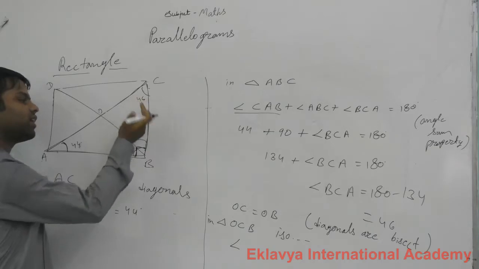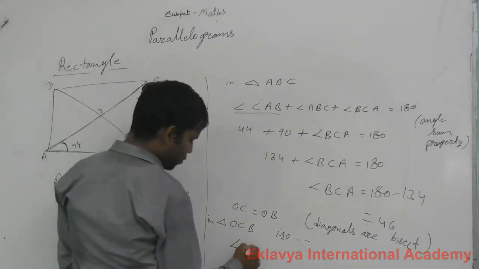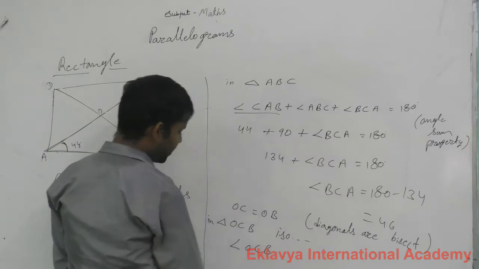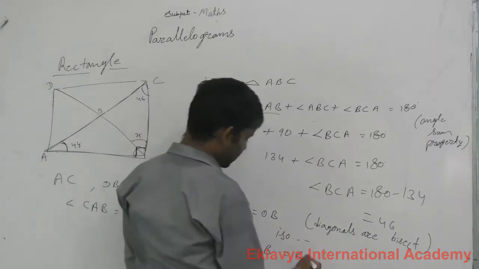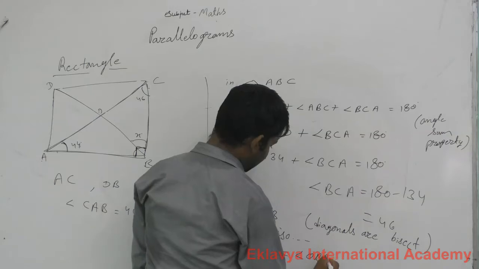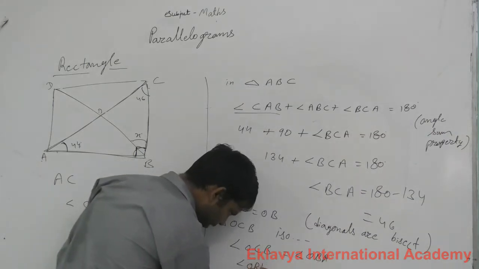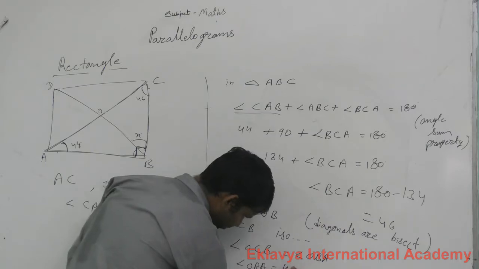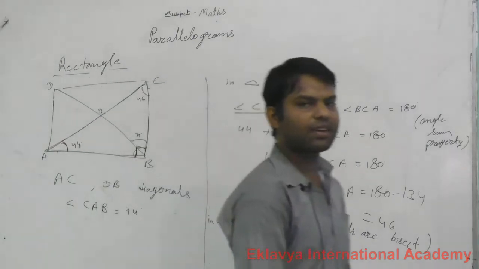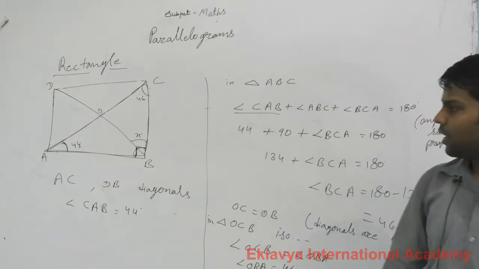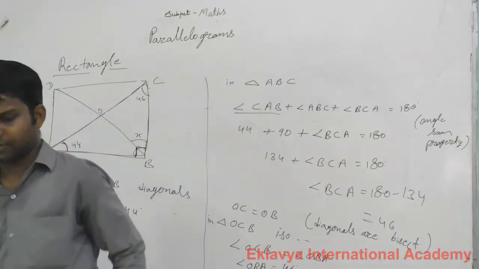So this one angle is equal to this one angle. So angle OCB is equal to angle OBA, and angle OBA is 46 degrees. So in this way we can calculate any angle in this figure of a rectangle.